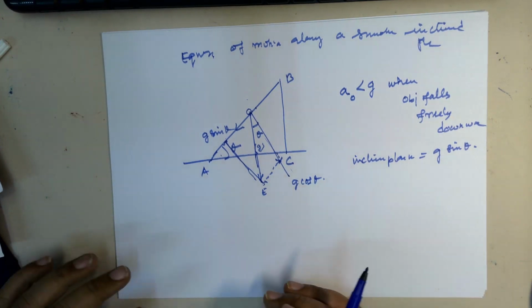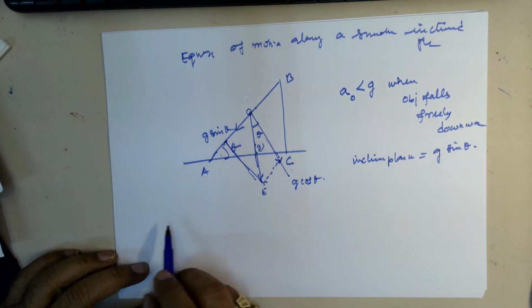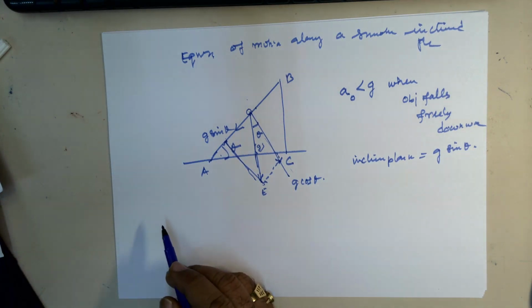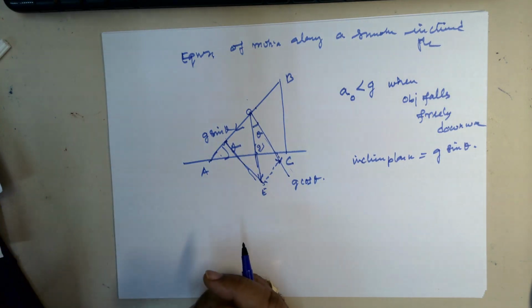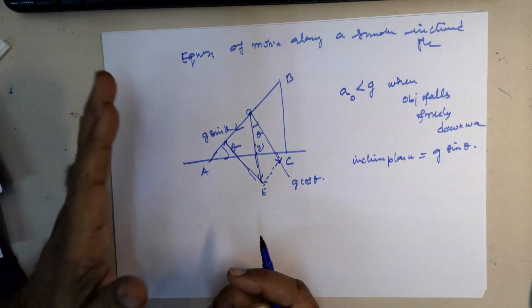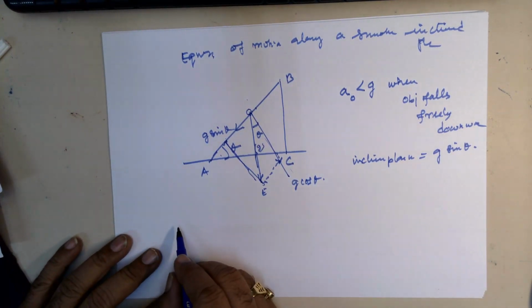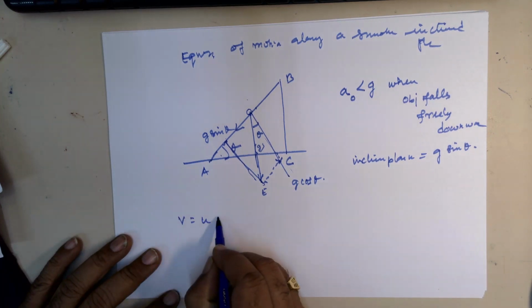Now, based on that, we can redefine the equations of motion. Actually there is a separate derivation for that, but in your syllabus it is a limited one, and we'll discuss it in detail under vectors. To start with, we have v is equal to u plus at, is it not?